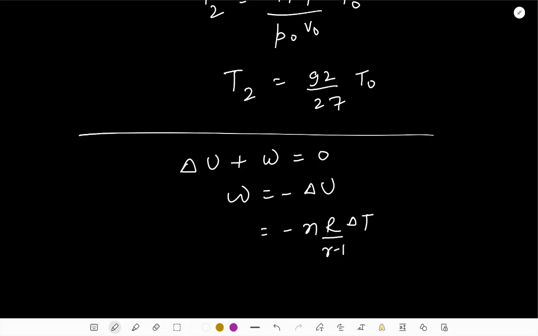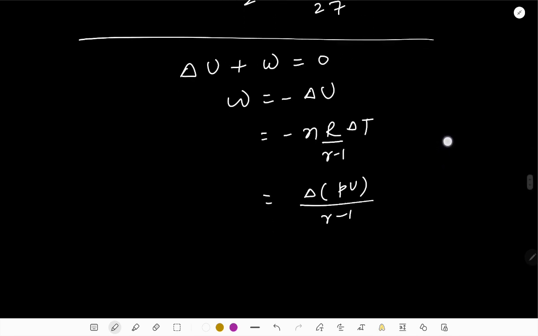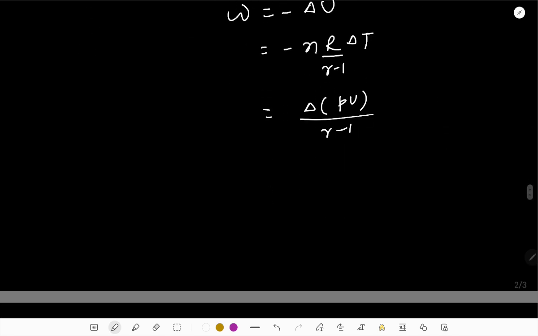But you can also write nR delta T is equal to delta PV, and you can write it like this, delta PV by gamma minus 1, and a minus sign is here, so that will be simply like P1 V1 minus P0 V0 by gamma minus 1, and putting all those values you can get your result.